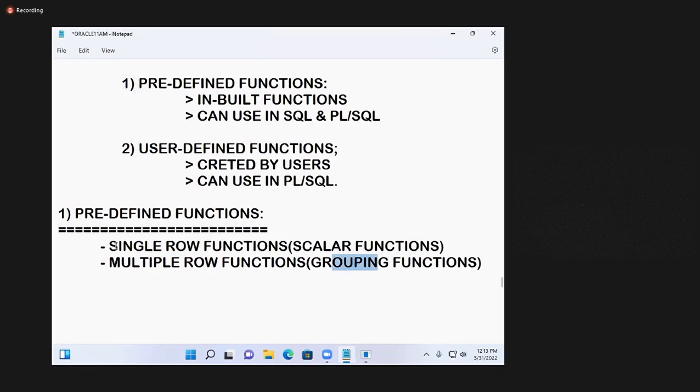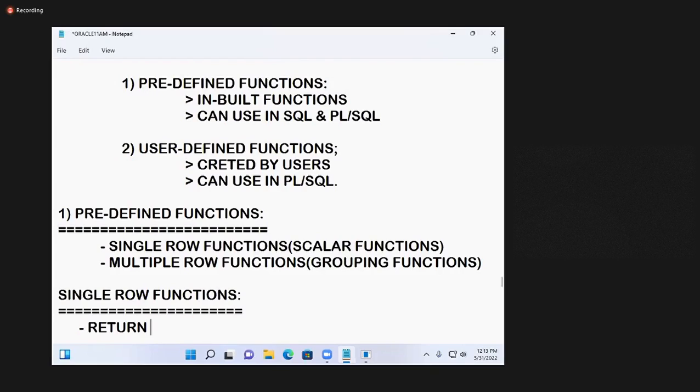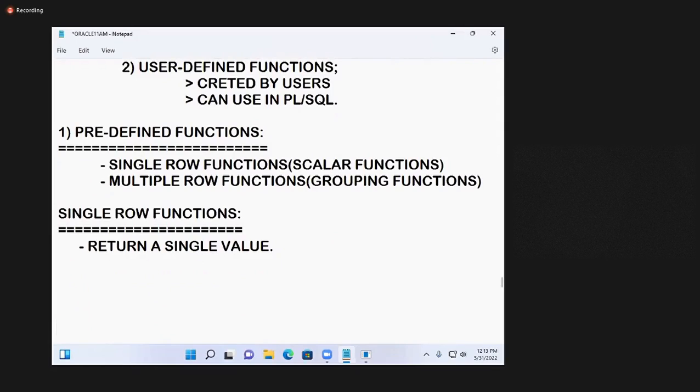Let me check what types of single row functions we have. In single row functions, these functions return a single value. That's why it is called a single row function. And these again have some types. The first one is numeric functions.